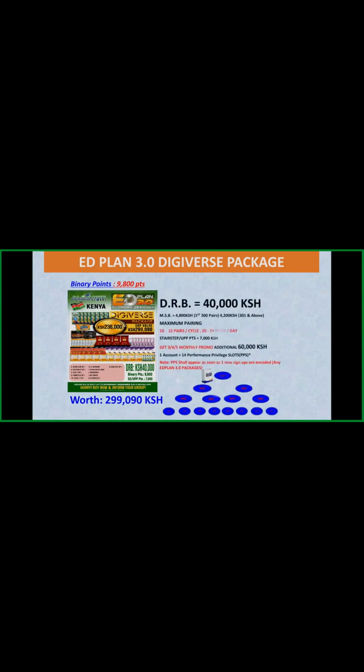Then we have the Digiverse package. Now, Digiverse also is a very special package because it comes with 9,800 binary points. And then whatever changes, I forgot to mention this one, the Technoverse package, very briefly, just one thing I forgot to mention.